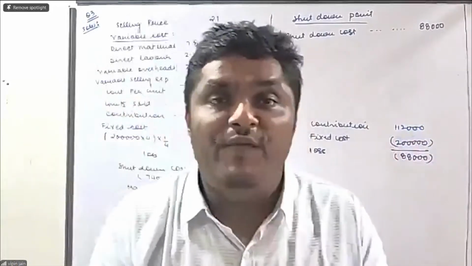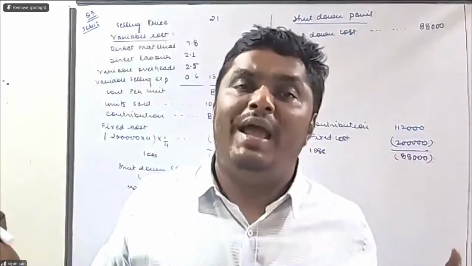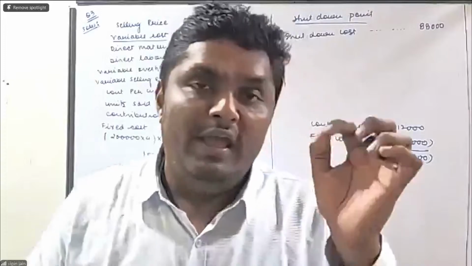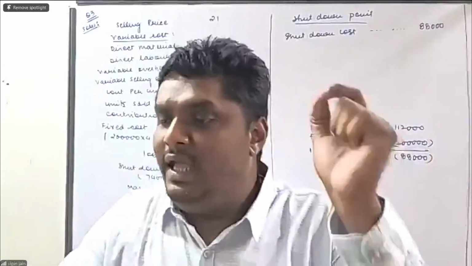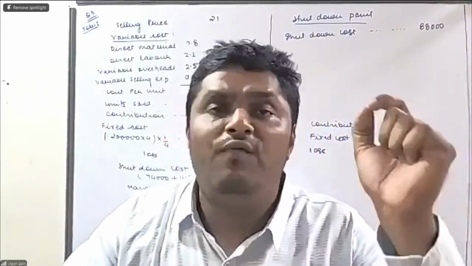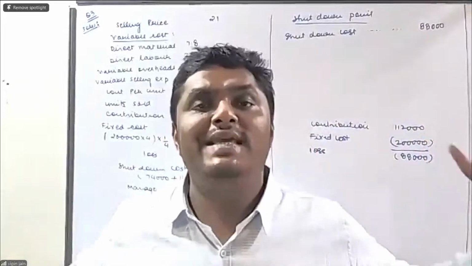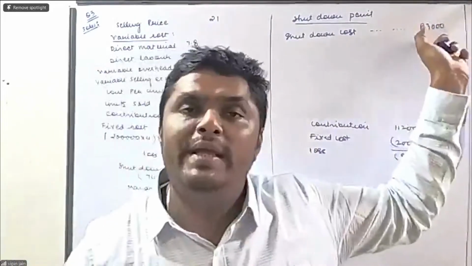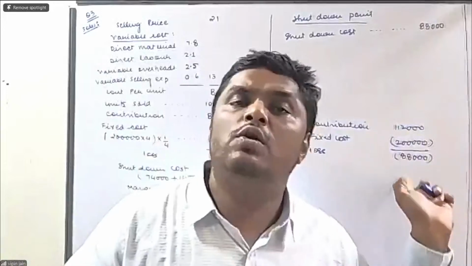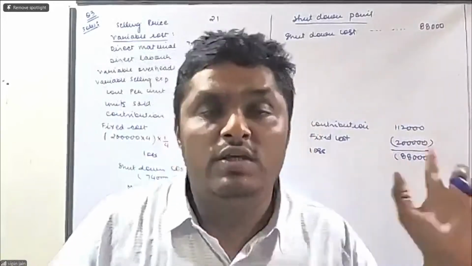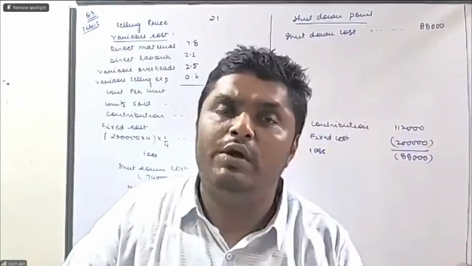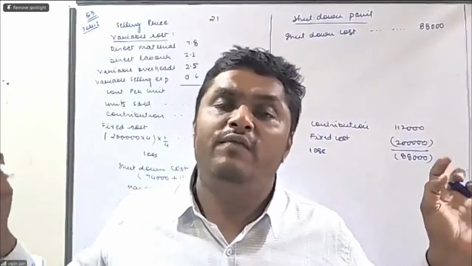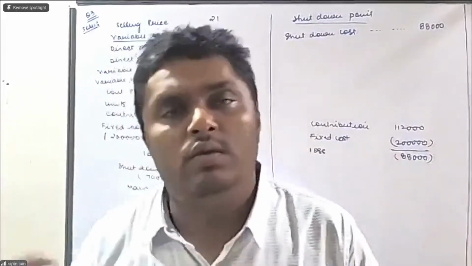It means if we are getting a contribution of 1,12,000 if we continue with the business, we are indifferent. If we shut down also, my loss will be 88. If we continue also, my loss will be 88. So at 1,12,000 contribution, we are indifferent. We can continue also, we can discontinue also.